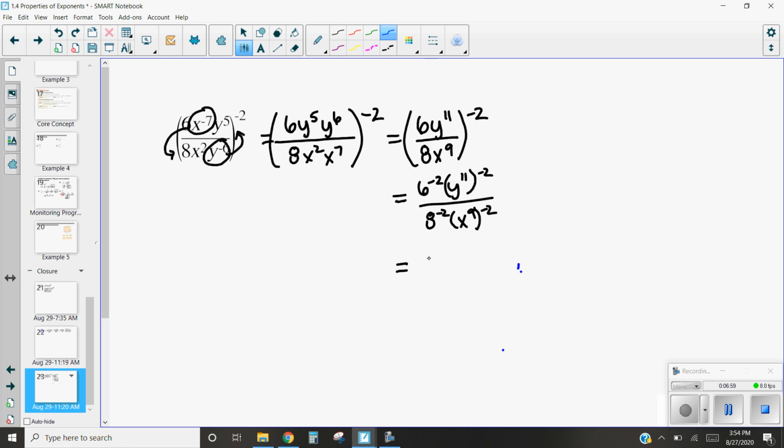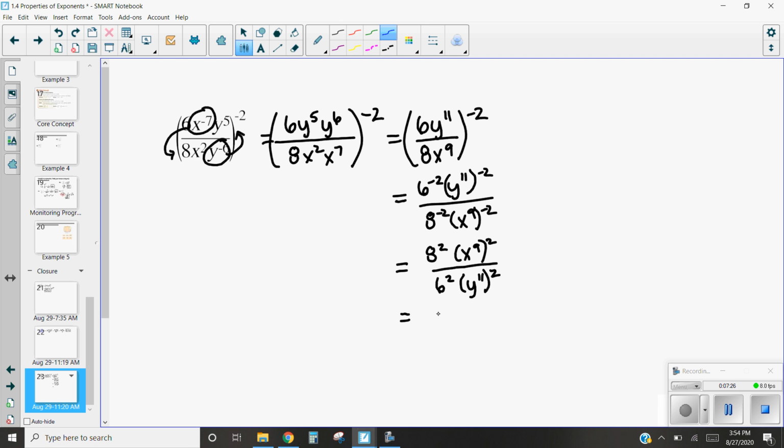So now we're going to look at 8 squared times x to the 9th squared over 6 squared times y to the 11th squared. Now all that we have to do is simplify these ones to the power of 2, and then we have to use that power of a power rule to simplify the other ones. So now I have 8 squared, which is 64, that we have there.